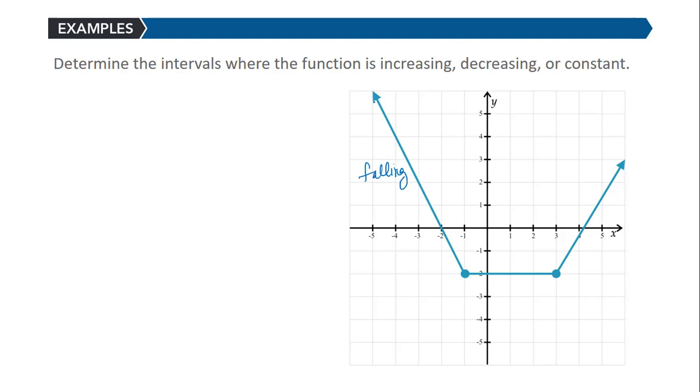And where is it falling to, what point? It's falling to this point, (-1, -2). And then from (-1, -2), it is horizontal or constant until we get to the point (3, -2). And then beyond (3, -2), it is rising.